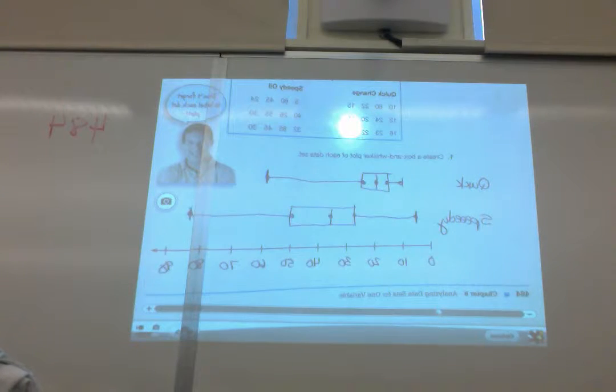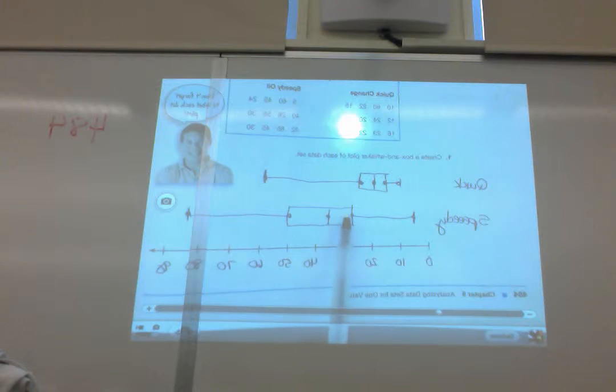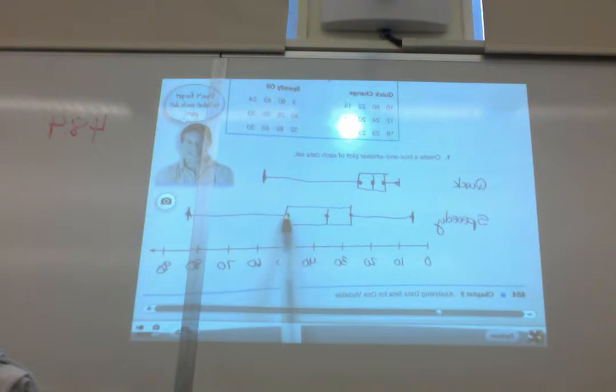Interesting. Now, calculate and interpret the IQR for each data set. Who remembers from 2 days ago before the board meeting? What was that IQR? It was Q3 minus Q1, or the distance from here to here on that box.